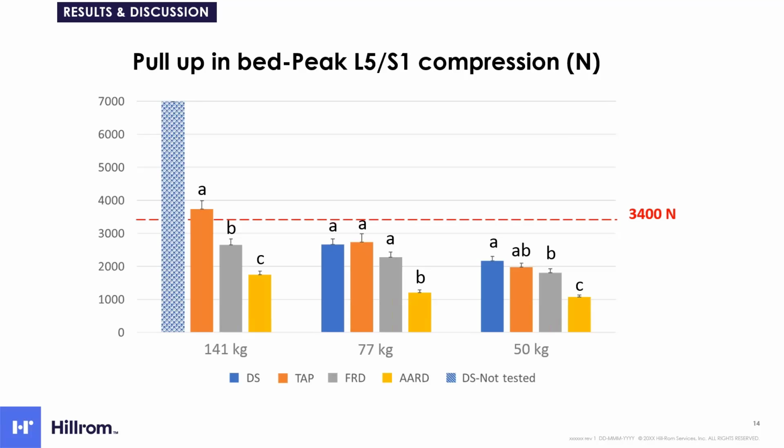In this task, the draw sheets was not tested on the 141 kg patient to reduce the risk of injury, because according to our pilot testing, this condition was too difficult to perform for caregivers. Here the red dashed line is the 3,400 newtons injury threshold, as I just described.